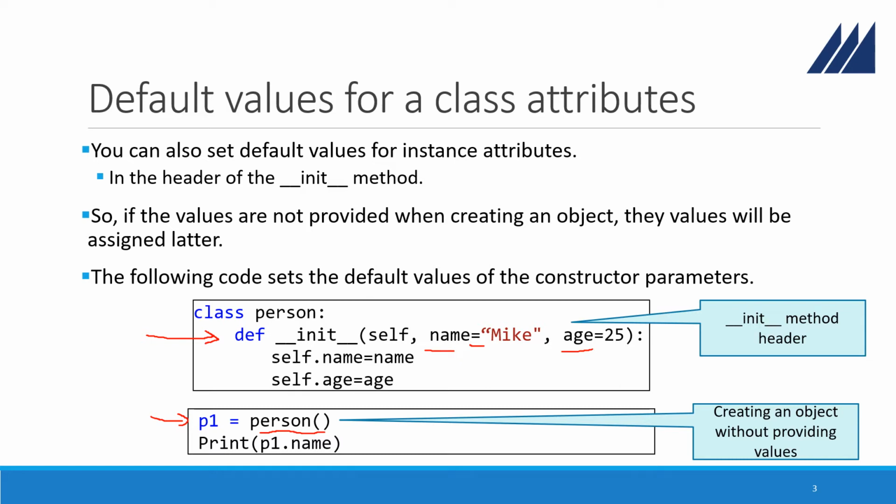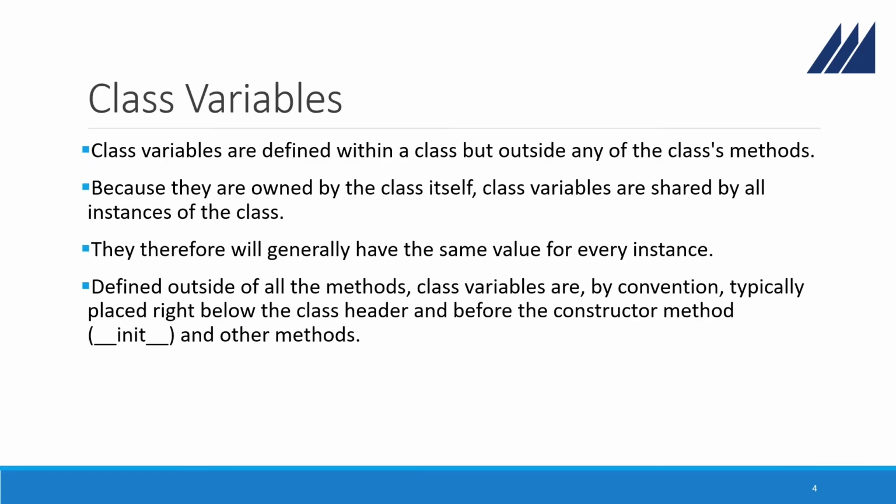What's going to happen is p1 is going to have the default values for its attributes. The name is going to be Mike, and the age is going to be 25. If you run this example in PyCharm and try to print the value inside p1.name, it's going to give you Mike as the printout, okay? So that's about the default values.